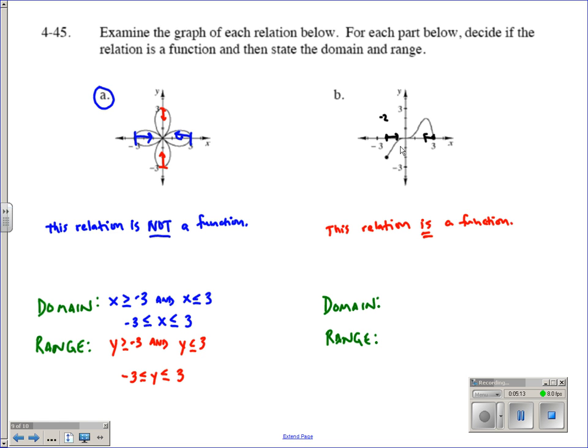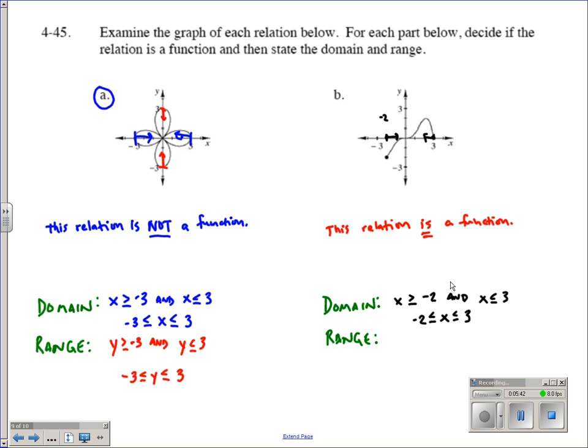So 2 boundary points means 2 inequalities. So we're going to say here that x is going to be greater than or equal to -2, and x is going to be less than or equal to 3. I'm going to write it as that compound inequality. Just flip this one around. -2 is less than or equal to x, which is less than or equal to 3.